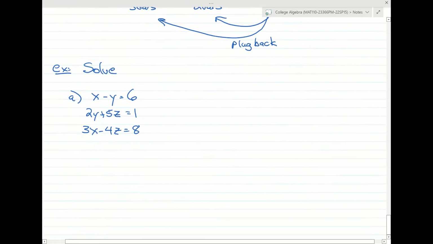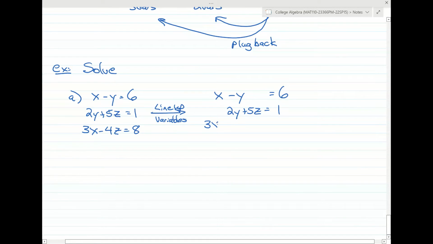So how do you do a problem like this? First thing I would recommend is that we line up the variables. So we have x minus y is equal to 6. We have 2y plus 5z is equal to 1.